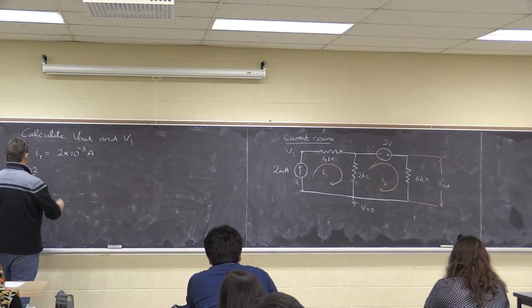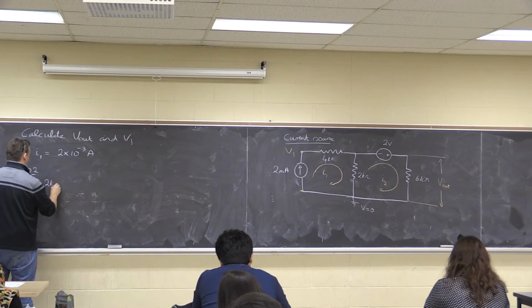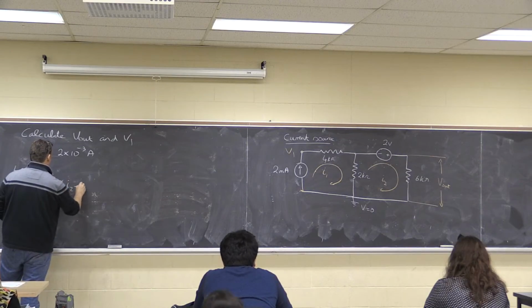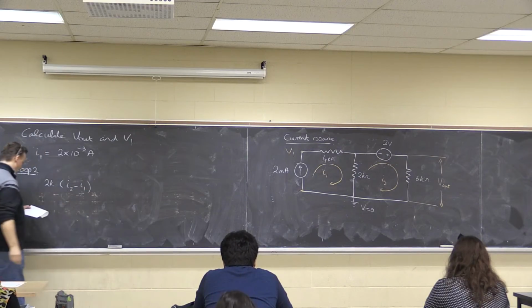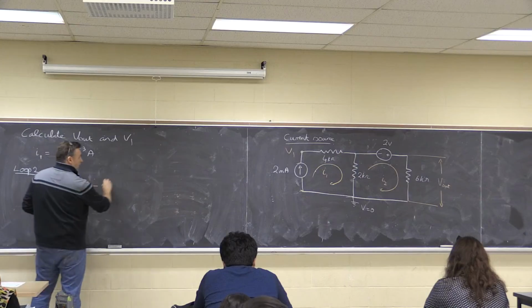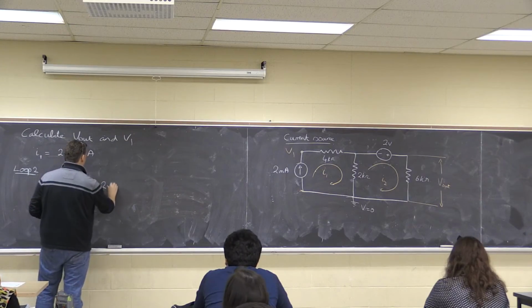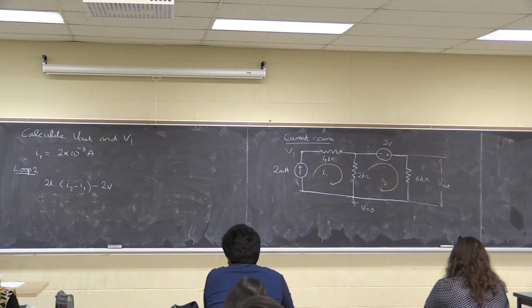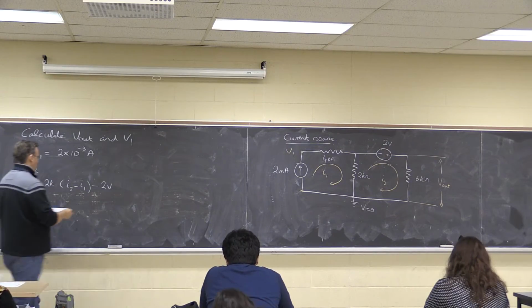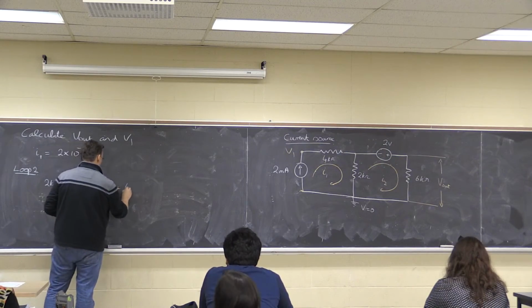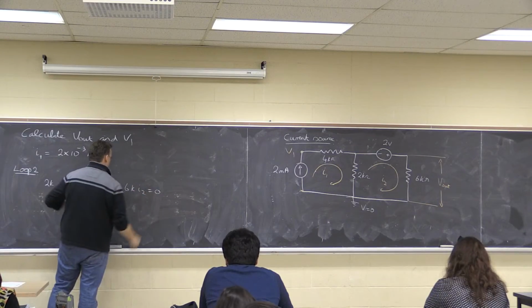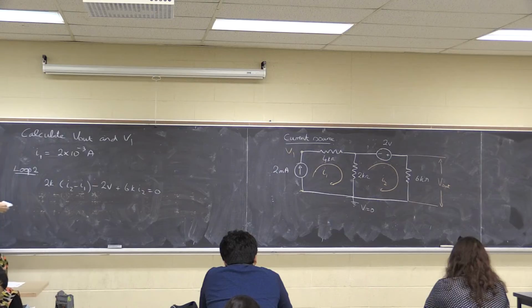So first bit is 2 kilo ohms times, I'm going with I2, minus I1, minus 2 volts, because I'm going into the negative now to the positive terminal. And then I'm going to have a voltage drop, which I'll also call 6K I2, equals 0.